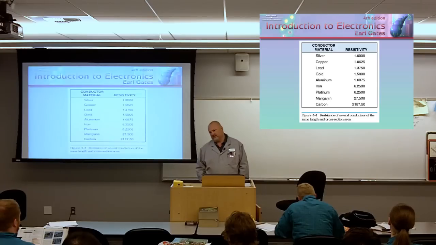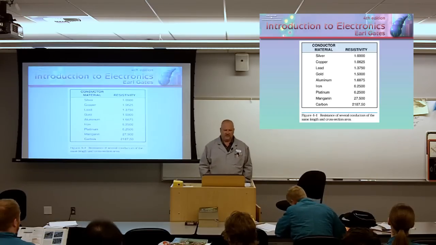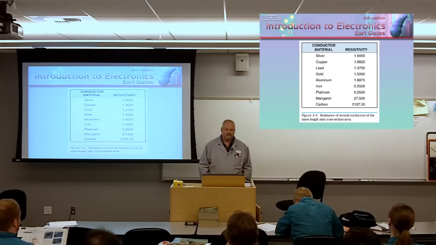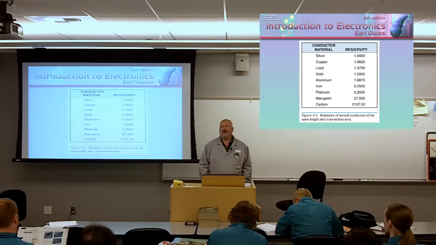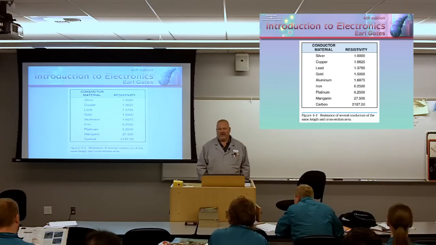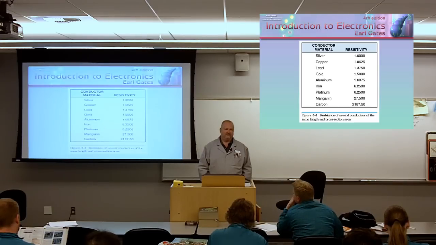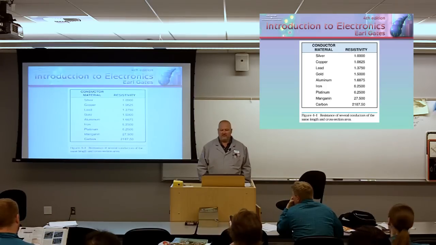So we say that silver has a resistivity of 1.0000. Copper, 1.0625. Lead, 1.3750. Gold, 1.5. And you can see the rest of the table there. This compares the resistivity of all materials.